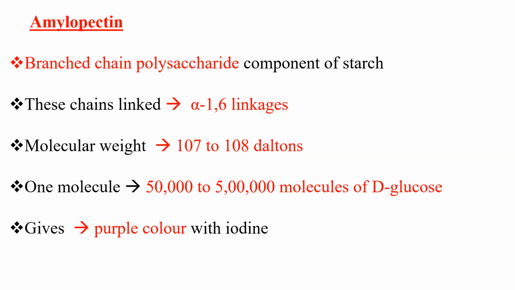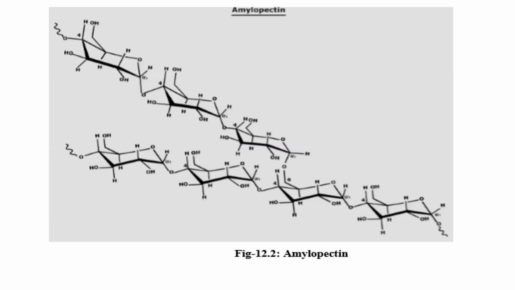One molecule of amylopectin may contain 50,000 to 5 lakh molecules of D-glucose, and it gives a purple color when reacted with iodine. This is the structure of amylopectin. You can see here the straight chain of amylopectin is linked via alpha-1,4 glycosidic linkage, whereas at the branching point there is alpha-1,6 glycosidic linkage.